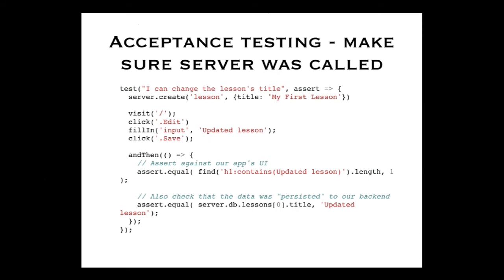So here, you just visit the page, click edit, update something, save, and then check if it's displayed on the page, but also through the server and the db property, you can actually check if your Mirage database was updated with this data. So the persistence is in parentheses, but it's as close as you can get to test if actually the request was made.